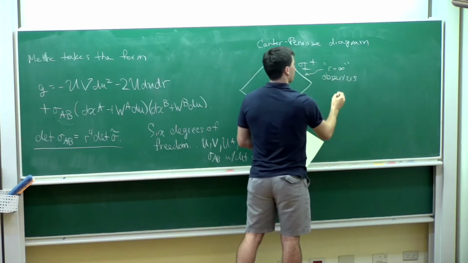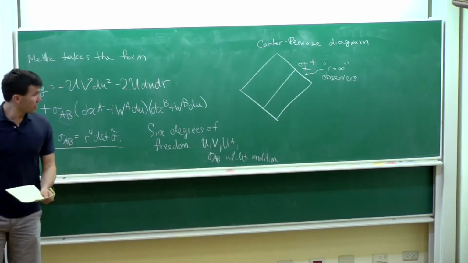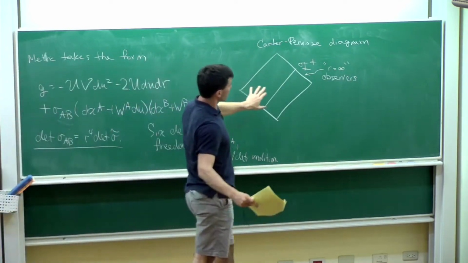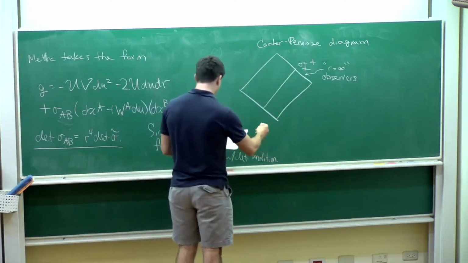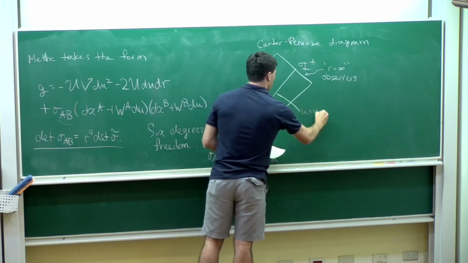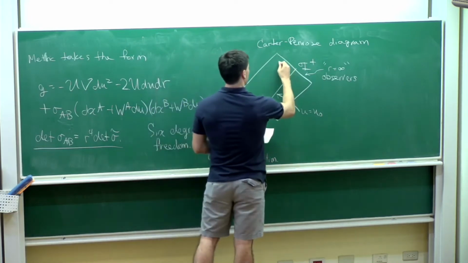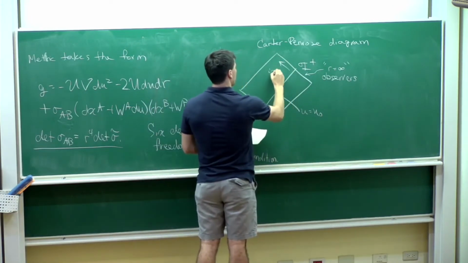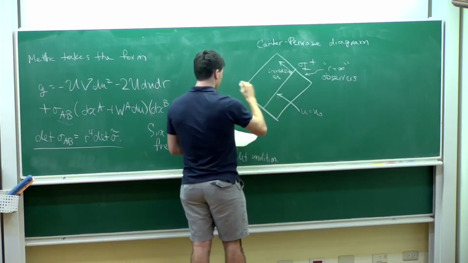If we're thinking about one of these isolated system setups that Muda told us about, where there's some central object and infinitely far away, here we sit. Here's, say, a constant u null hypersurface. And in this direction, we have increasing u.